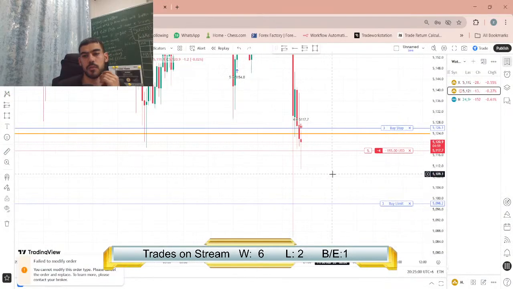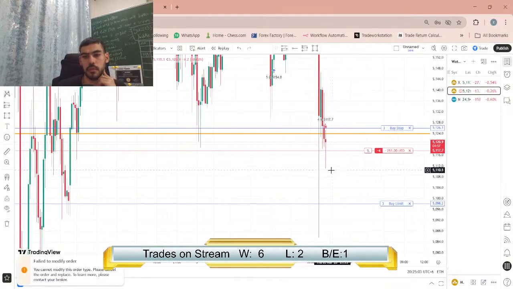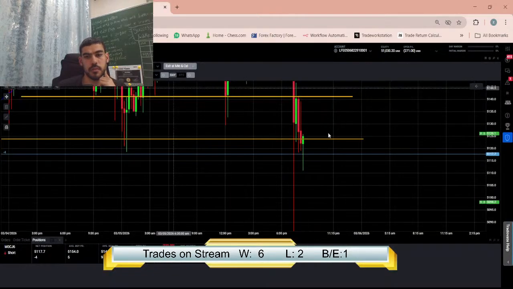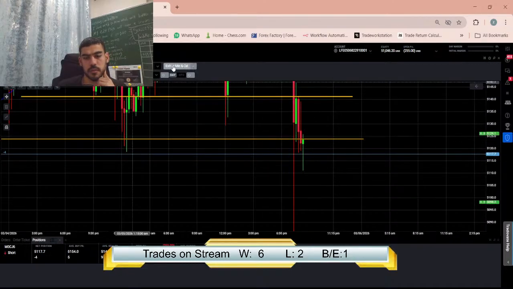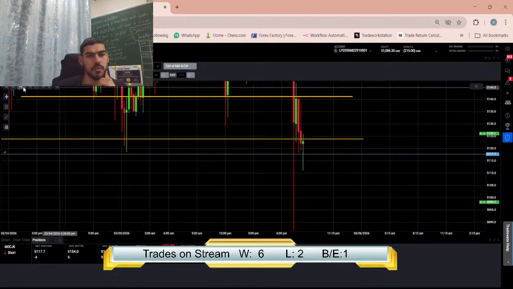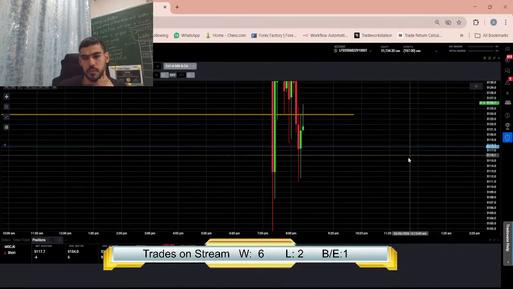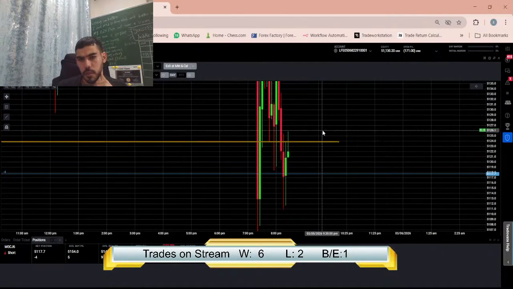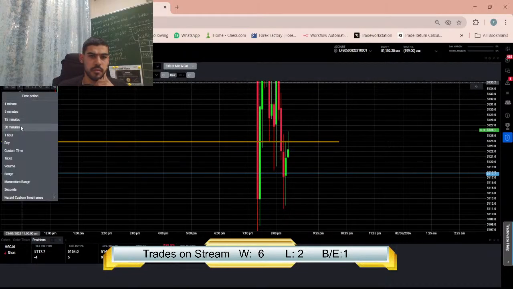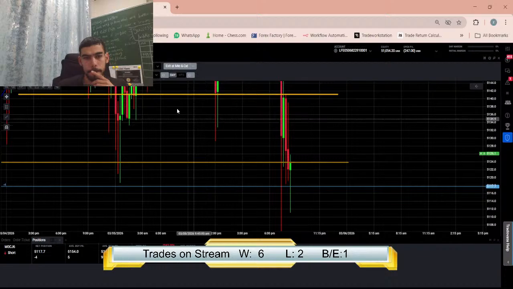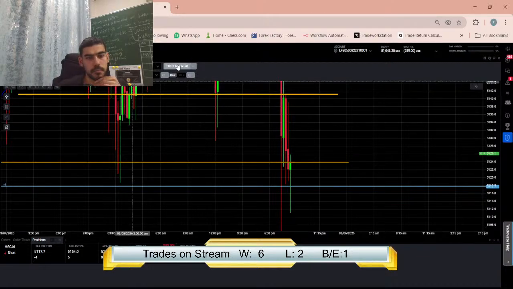It doesn't look like it wants to move anywhere. Yeah, it looks like it's going to stop us at break even actually. Let's check the 5 minutes. Still didn't break its own high.